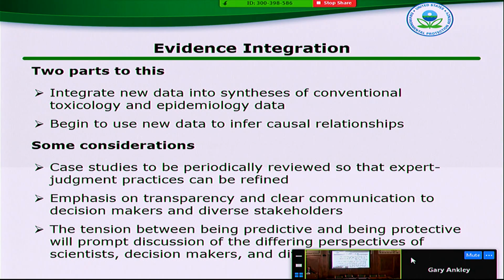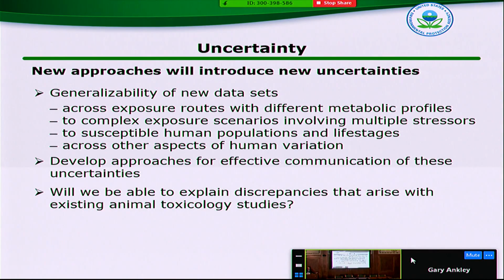There's also the difference between being protective and being predictive. We like to think of our pathways and networks as being predictive, but health agencies also have the responsibility of being protective, and not betting the public health on something, even though it seems like a good bet. We have to really make sure that we are protective of multiple pathways, multiple subpopulations, and so on.